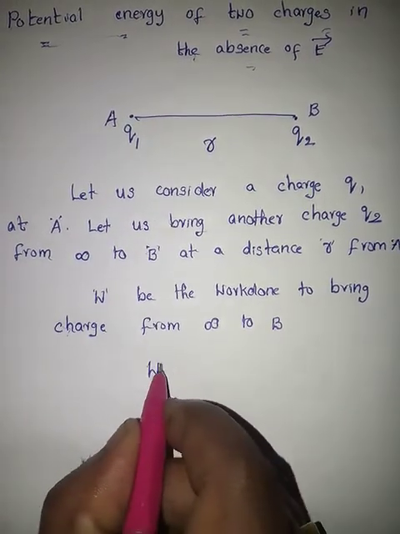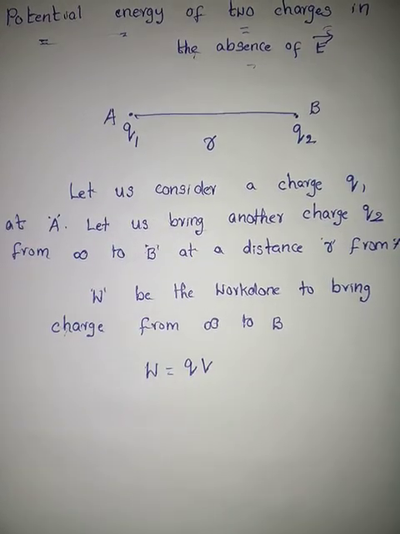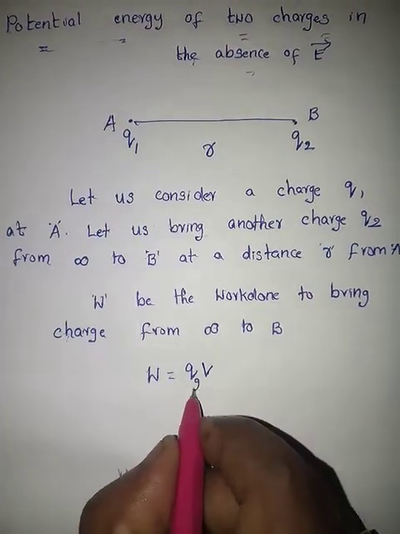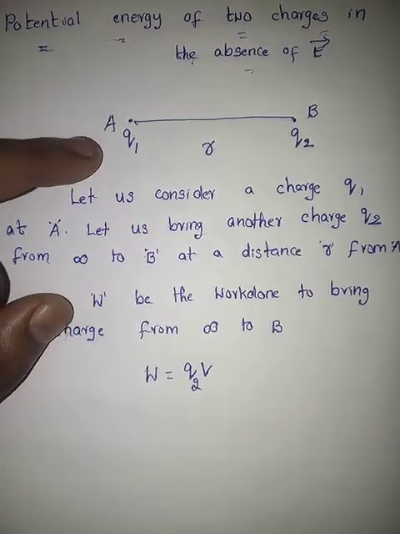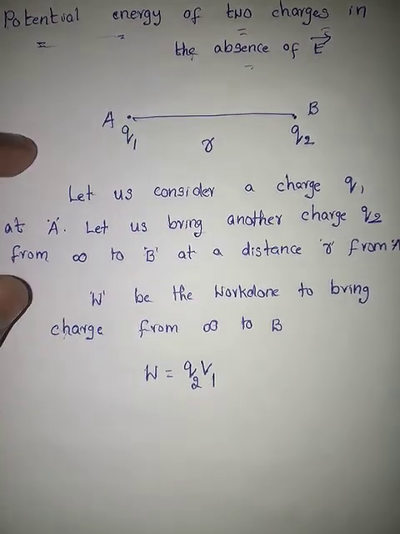W equals Q V, the general formula. Which charge are we going to bring here? Q2 charge. Let us assume the potential of charge Q1 is V1. So this is the work done.